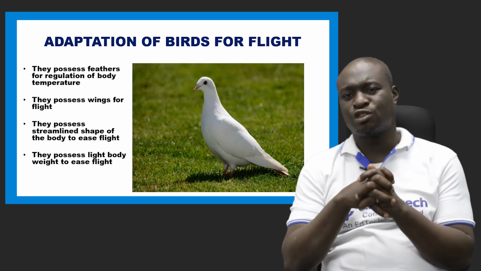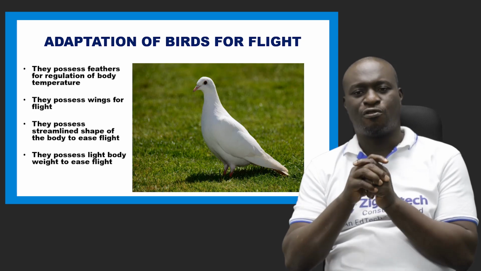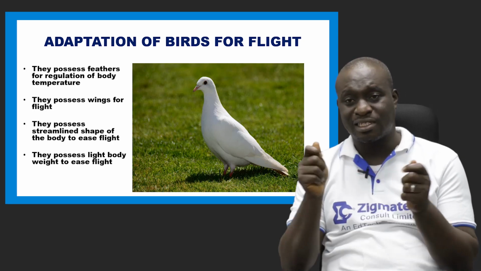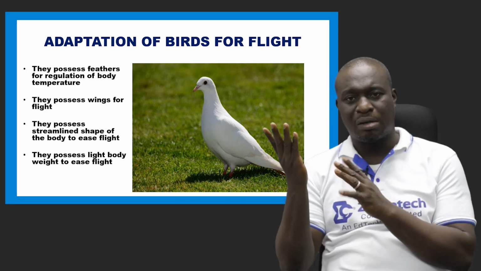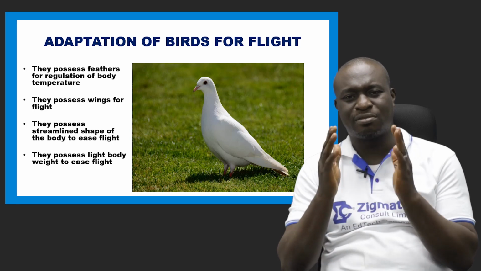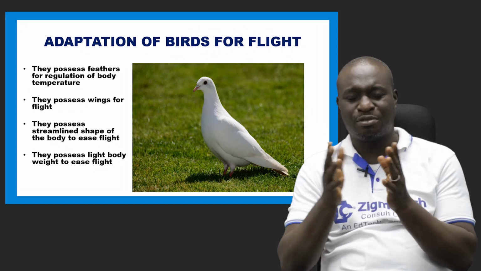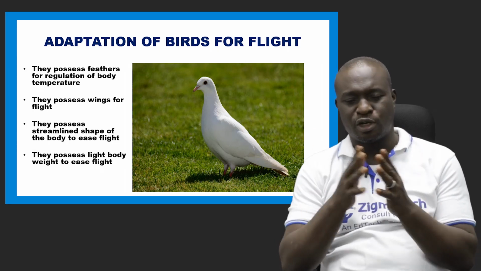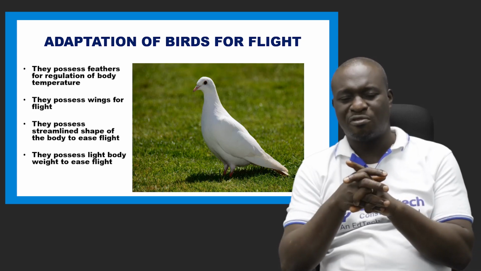Another adaptive feature they possess is wings. They possess wings for flight, and of course, we have different types of feathers that are found in birds. When we start looking at adaptation 2, we're going to be looking at the different types of feathers like the quill, the plumule, the filoplume, and so many other types of feathers.